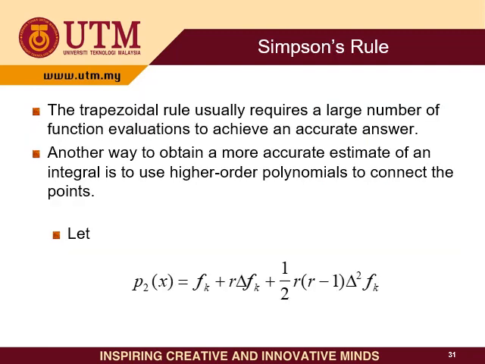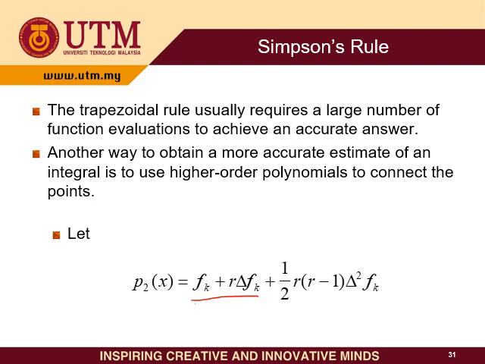Okay, now we move to the second rule, which is Simpson rule. As we know, trapezoidal rule usually requires a large number of function evaluations to achieve an accurate answer. Another way to obtain a more accurate estimate of an integral is to use higher order polynomials. Okay, if you can see, before in trapezoidal we use only these two, right?